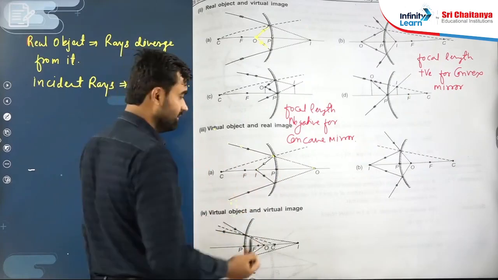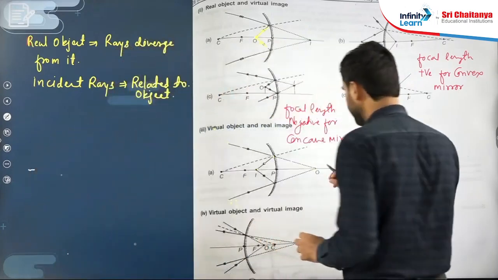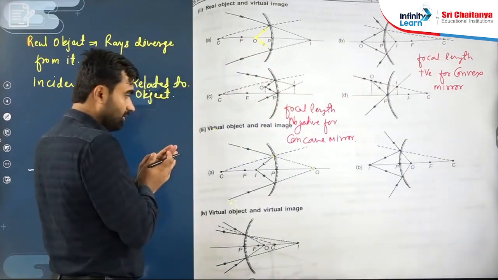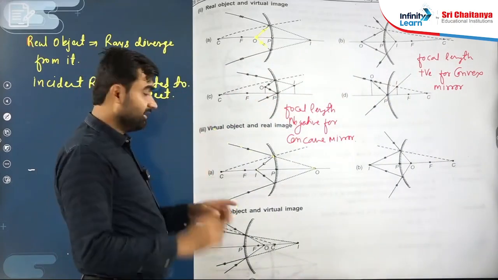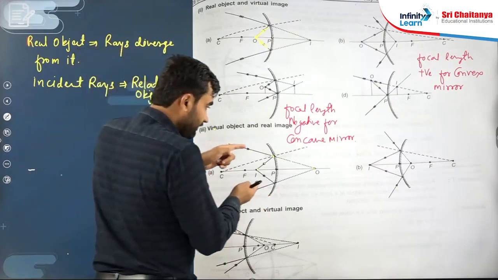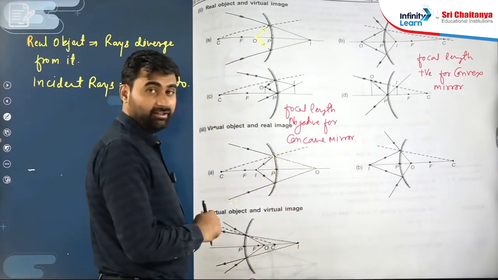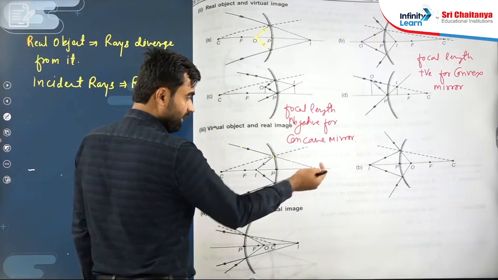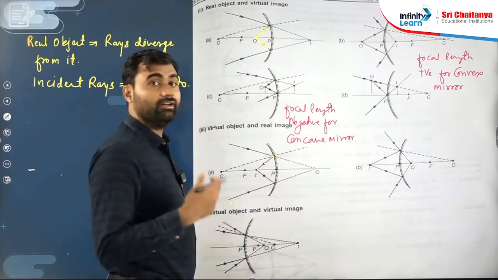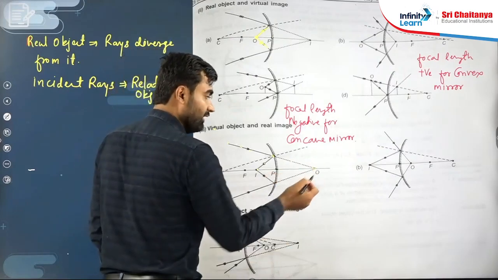We extended it, so it seems, because if any person is on this side, what will that person think if the mirror is not visible? That person will think that these rays will meet here, right or not? But a mirror is there, so before meeting at this point they will reflect. So in reality they are not meeting. So we use the word that it seems to meet at a point.